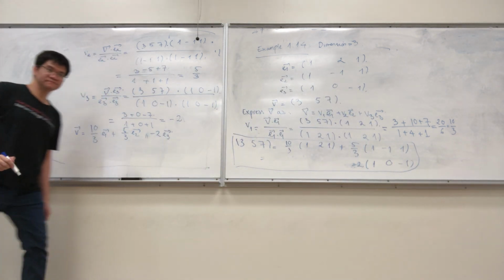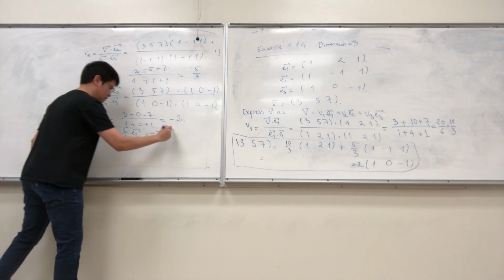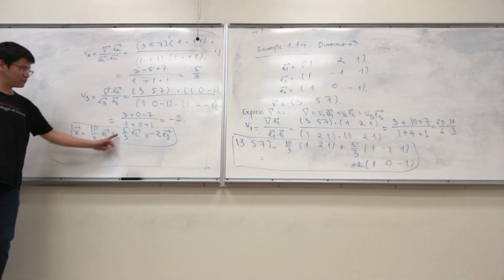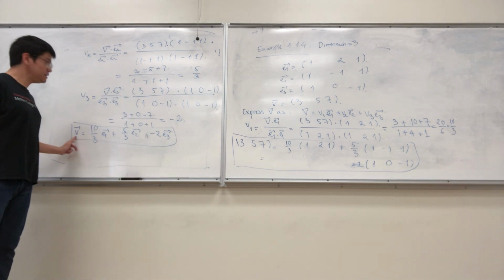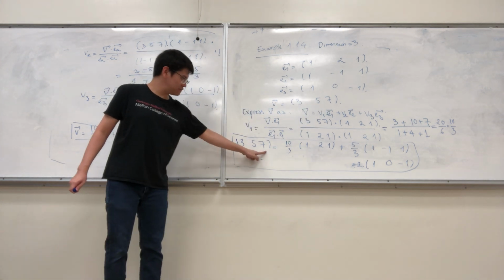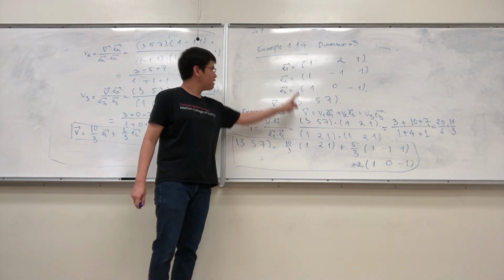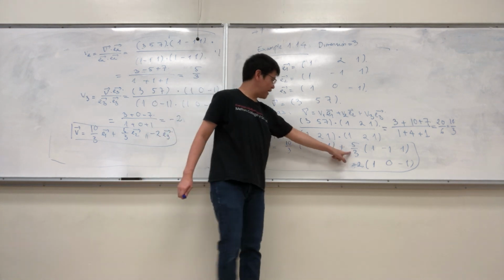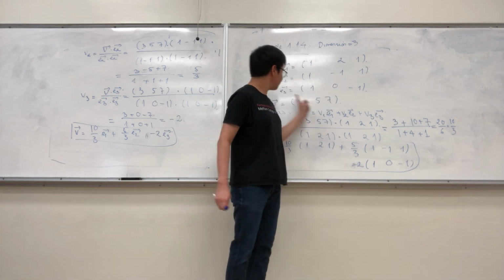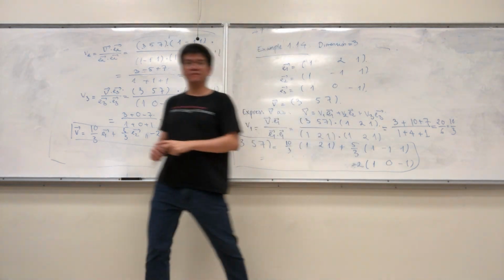All right? So basically, what I do from here to here is to replace V by (3, 5, 7). So I have (3, 5, 7) is 10 over 3 of E1, which is this one, plus 5 over 3 of E2, which is this one, and minus 2 of E3, which is this one, right?